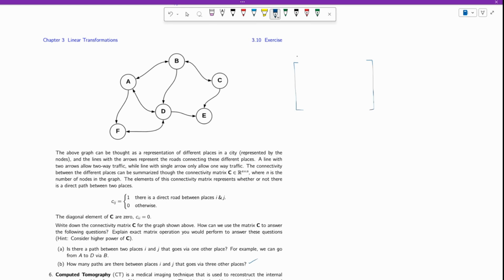Let's say this is A, B, C, D, E, F. What can we say about the diagonal elements? Or what is the matrix you got? You would have written it down somewhere, right? Or no? Yeah. Tell me what the elements are. So the diagonal elements, what can we say about the diagonal elements? All zeros. Why? Yeah, because you don't have a loop like this.